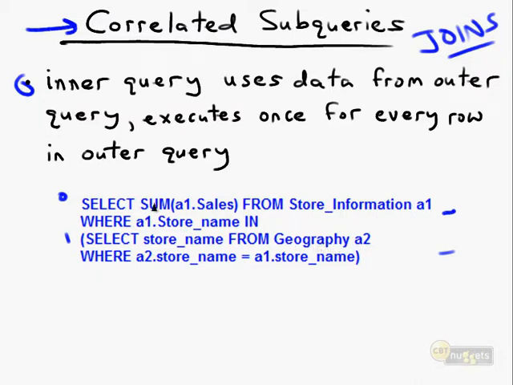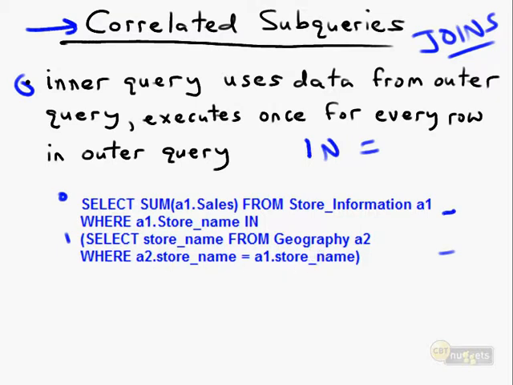So in our outer query, we first want the sum of sales where the store name in store information is equal to. Now, when we're dealing with multi-row subqueries, IN denotes equality, but we can't use equal, remember, our syntax rules apply, so we'll substitute IN, and then in our inner query, we're selecting store name from geography, a related table, where the store names match.